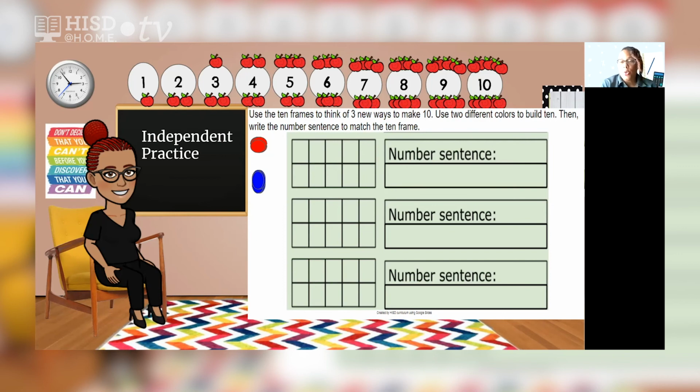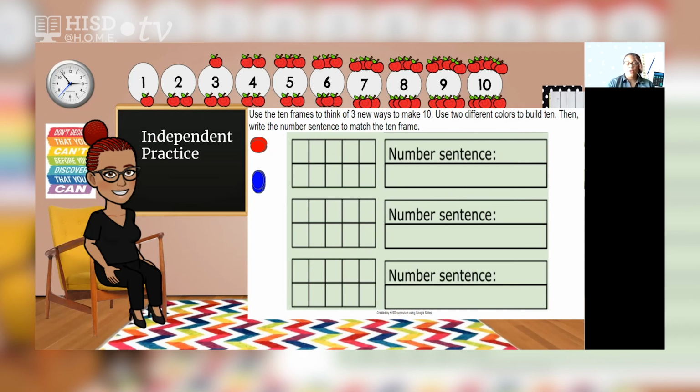And then you can use X's to show that you cross them out to represent what you're taking away. Give me 3 different number sentences that show different ways to take away from 10.